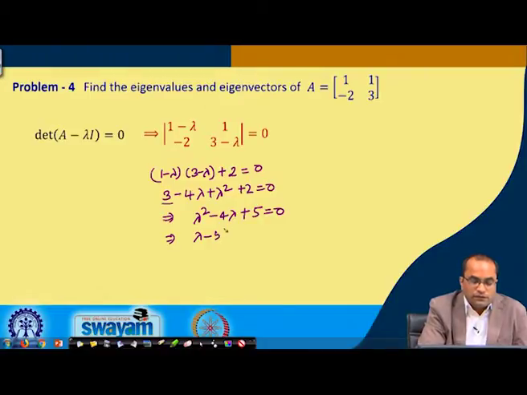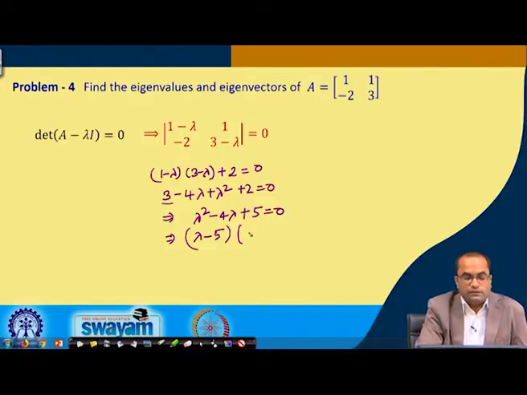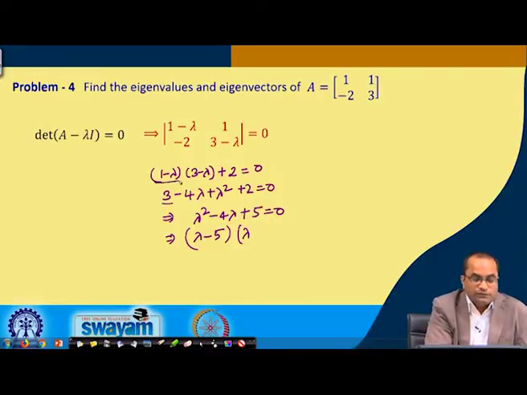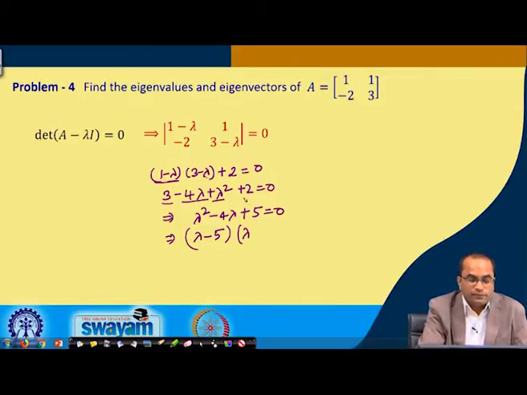Once more: we have 3, then minus 3 lambda, also minus lambda, so it will be minus 4 lambda, then lambda square and plus 2. So we have the lambda squared term as it is, minus 4 lambda and plus 5 is equal to 0. So we get the roots for this equation.